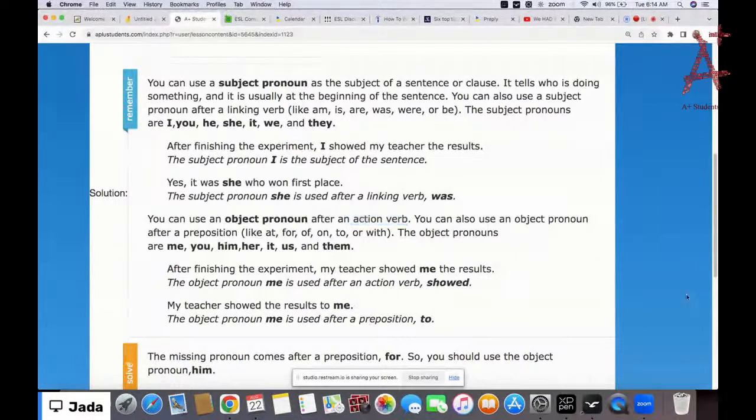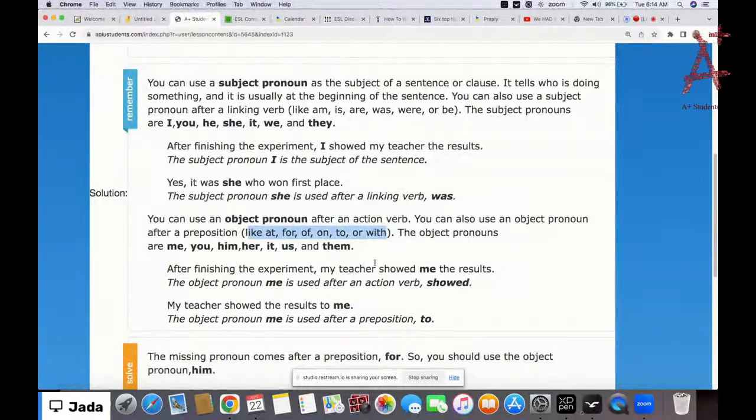So you can have an action verb and then use an object pronoun, or you can have a preposition. These are the prepositions here: at, for, of, on, to, or with. So you can get an object pronoun after prepositions or after an action verb.